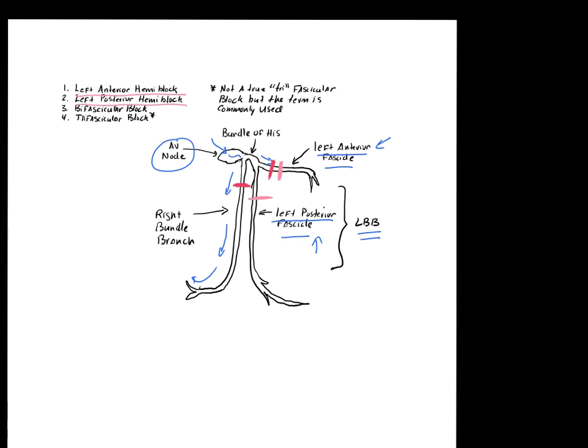You guys okay with that? When I have this situation where the left anterior fascicle gets blocked, and the right bundle branch gets blocked, we call that a bifascicular block.